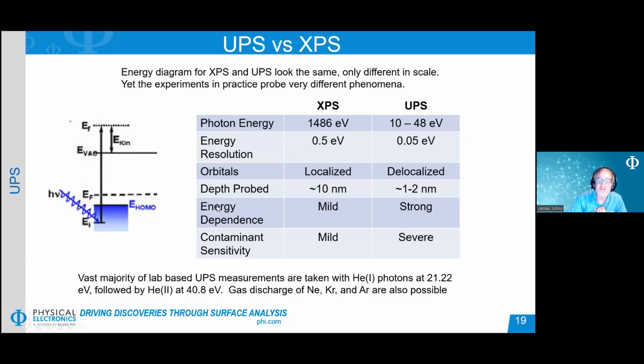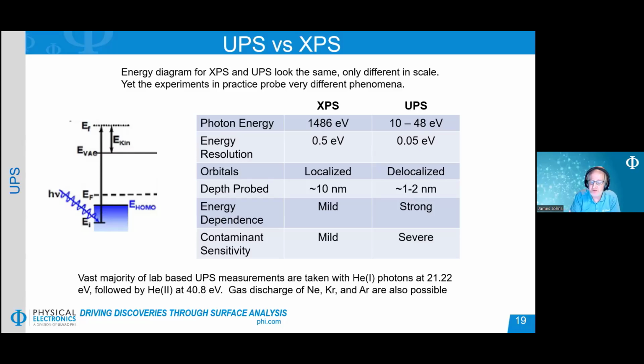The energy dependence: if I look at the XPS spectrum of, let's say, an aluminum K-alpha source at 1400 eV versus a magnesium one at 1200, the spectra are going to look very similar. So it doesn't have much of an energy dependence. In UPS, that is not true. If you look at a UPS spectrum taken with a helium-1 source at 21 eV versus a krypton or a neon source down at 16 or 11 eV, they look different.